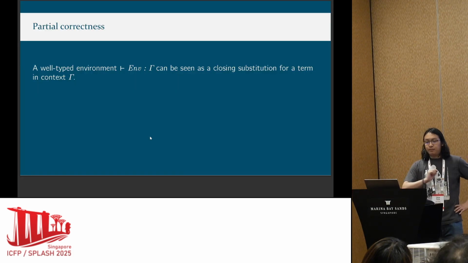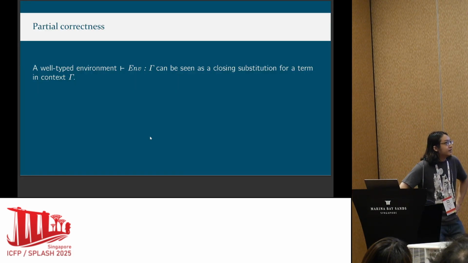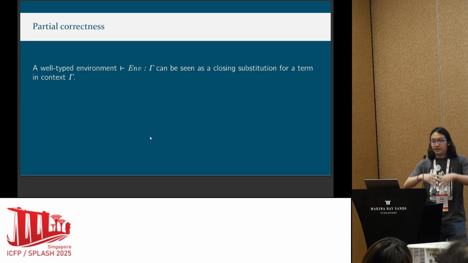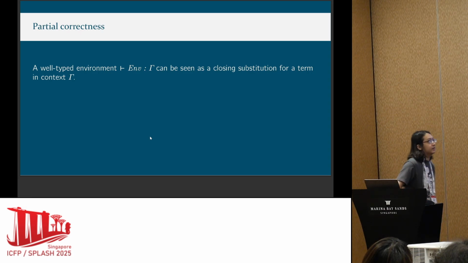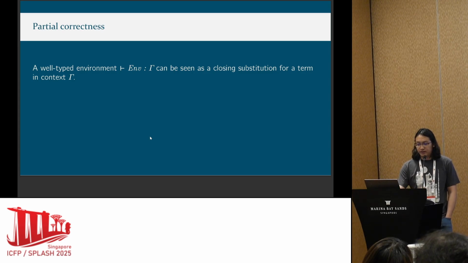But the much better thing we get from type safety with this kind of refined type system is something I call partial correctness. To realize that, I should introduce a little bit of prerequisites. First of all, we can treat a well-typed environment as a closing substitution, which means that if you apply this substitution, you can turn an open term into a closed term.